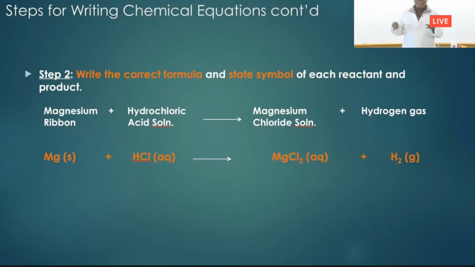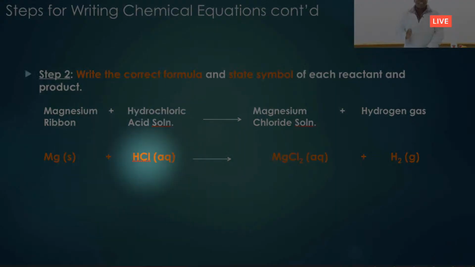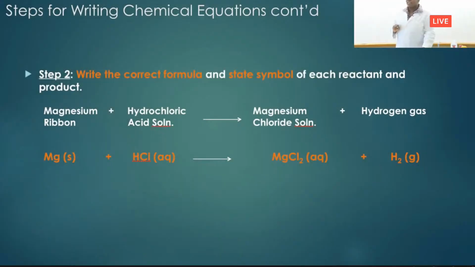Ribbon, powder, lumps, clumps, you know, all of those things could convey something that is solid. The hydrochloric acid is a solution. So we have HCl aqueous. Okay, that means it was dissolved in water. You're paying attention. Good.